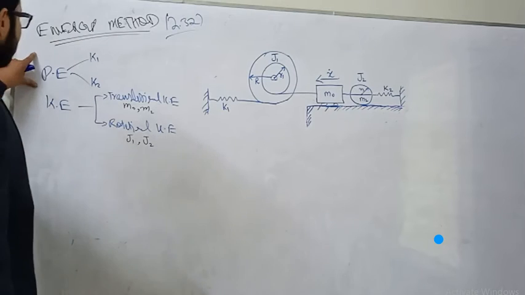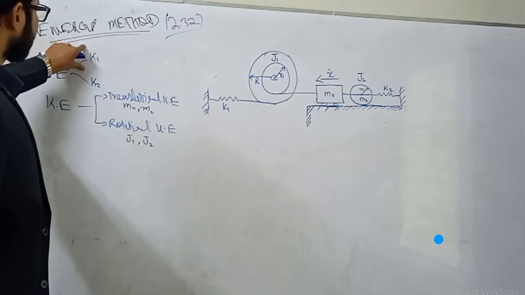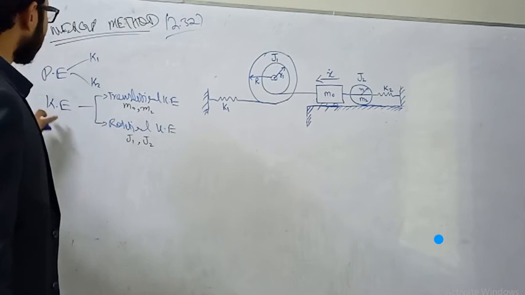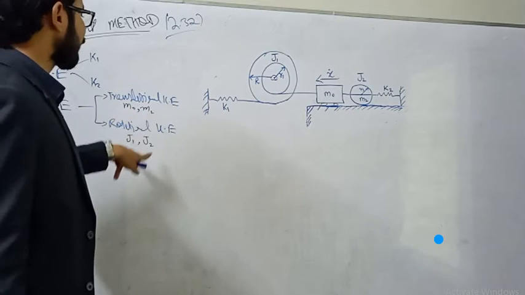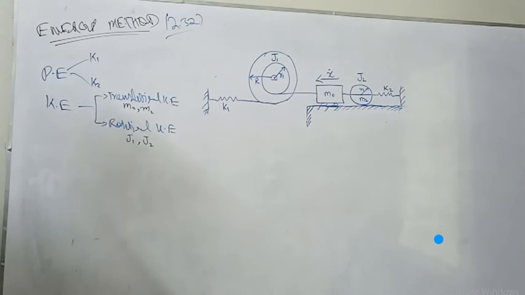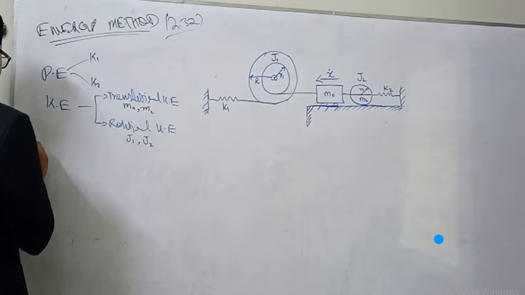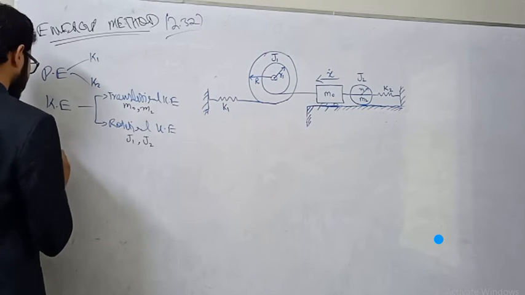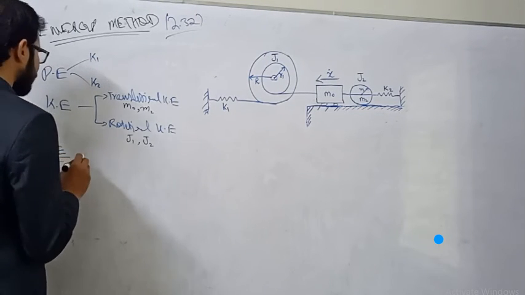In case of potential energy, two of them will add, and in case of kinetic energy, four of them will add. So let's solve it for the potential energy in the first case. In the first case we have potential energy.